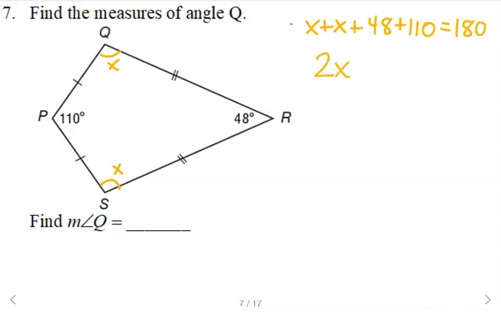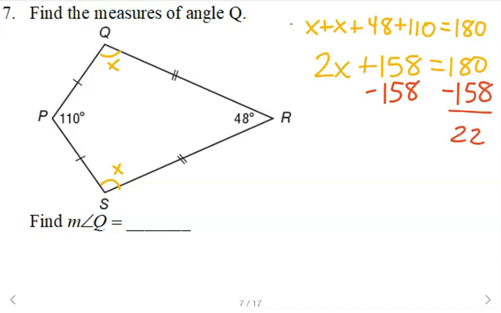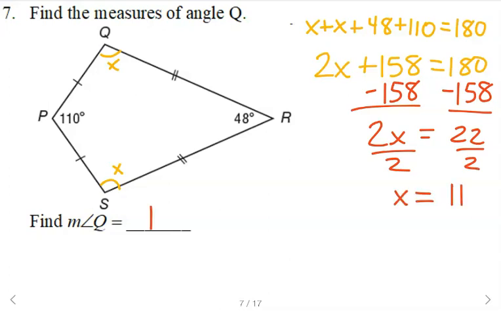Combine those like terms, we get 2x plus 158 equals 180. Subtract 158 from each side. And so we get 22 equal to 2x. Divide both sides by 2. And so x is 11. So the measure of angle Q is 11.